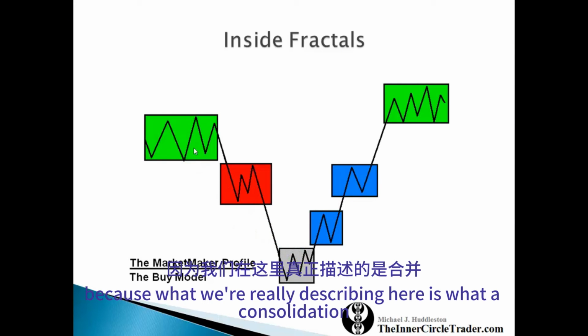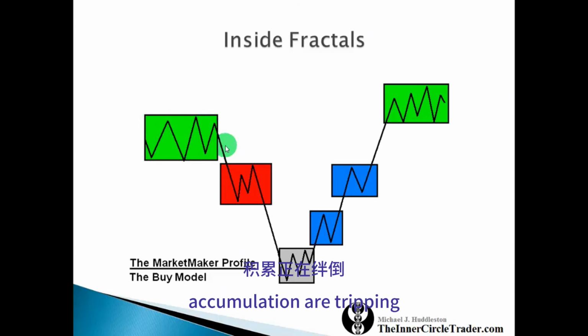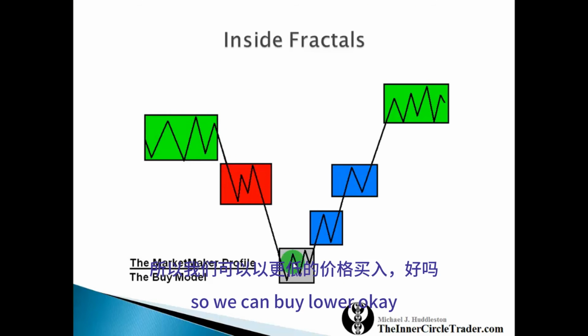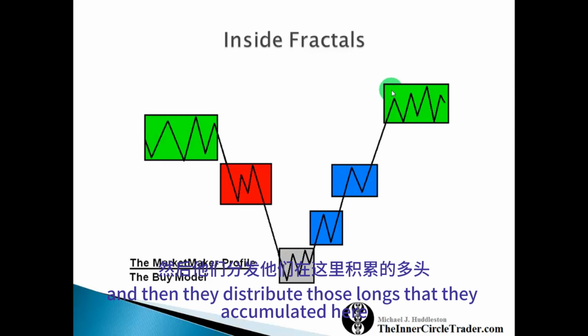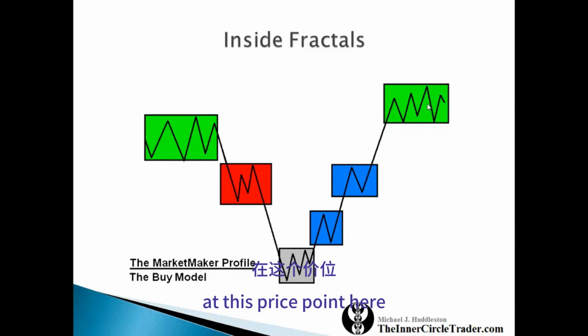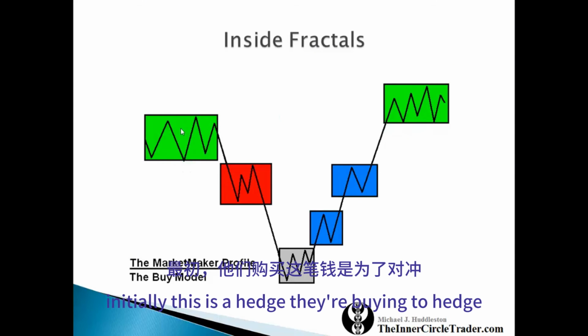Because what we're really describing here is what? A consolidation, accumulation, a tripping, so we can buy lower, or smart money buys lower at the very point of reversal, and then they distribute those longs that they accumulated at this price point here. Initially, this is a hedge. They're buying to hedge.